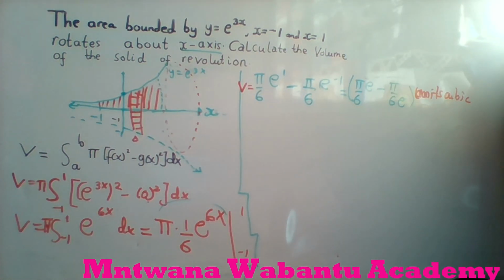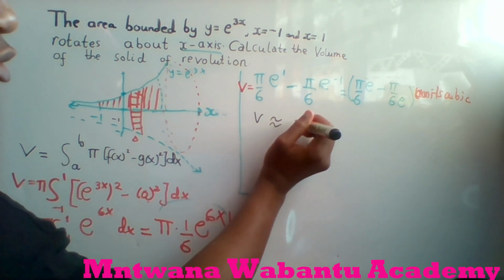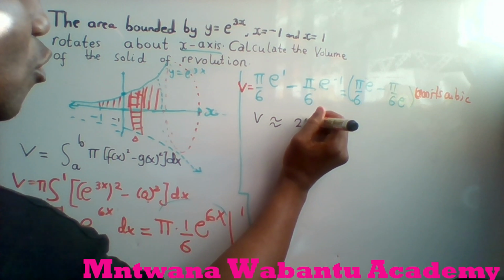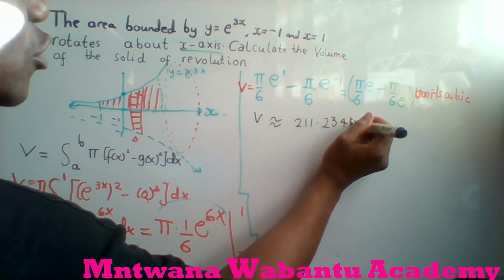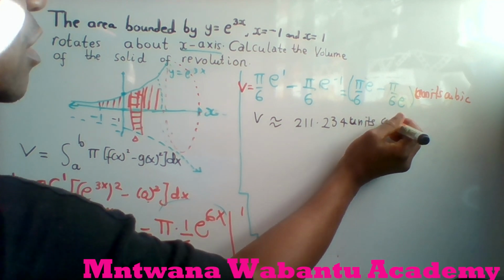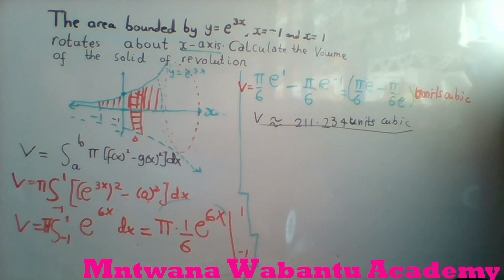Then you can plug that into your calculator. When you plug it in, we get a volume approximately equal to 211.234 cubic units. So that's how you calculate the volume of the solid of revolution.